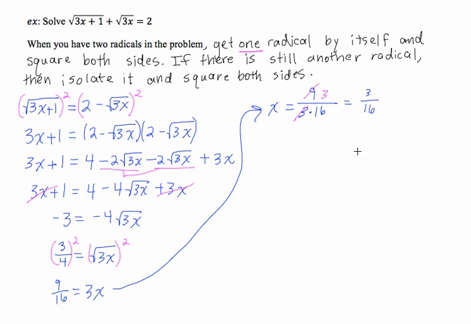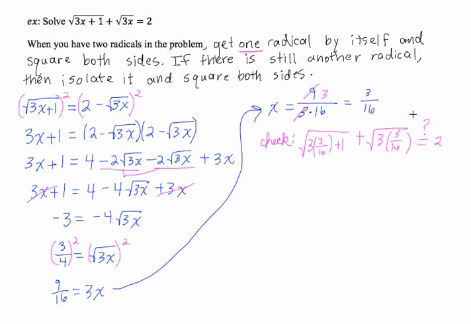Okay, and let's check. It won't be as difficult as it looks to check. Does the square root of 3x plus 1, where x is 3/16, plus the square root of 3 times x, which is 3/16, equal 2?